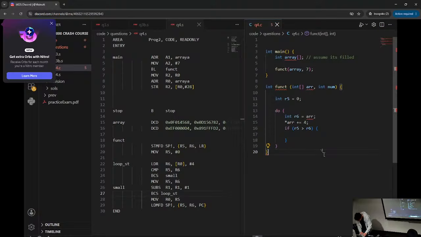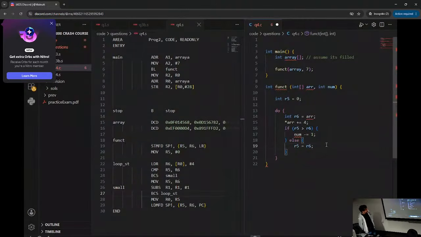So if it's small, then we just subtract, so num minus equals 1, and otherwise we, hold on, what am I doing here? Otherwise we set R5 equal to R6. Sorry, I'm just getting a bit lost here, but yep.